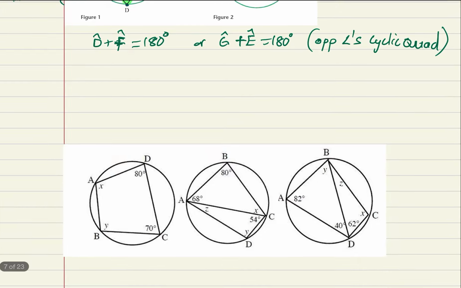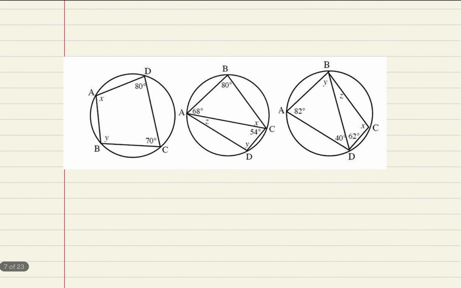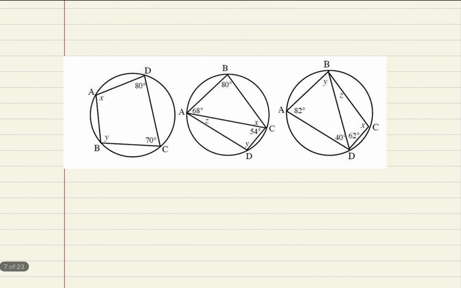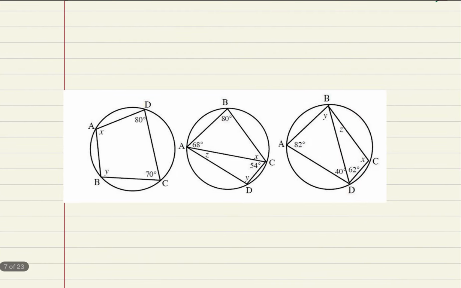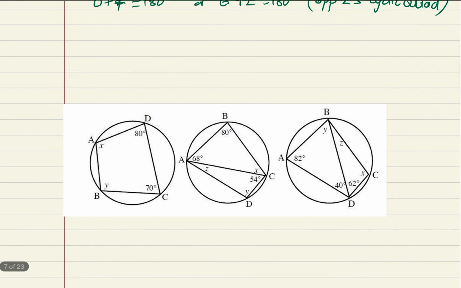Okay, now let's go and deal with the problems. I love it because we introduce a theorem and we go for a problem. Okay, let me take the first one up here. Since I have this and that one, that means x plus 70 degrees equals 180 degrees.